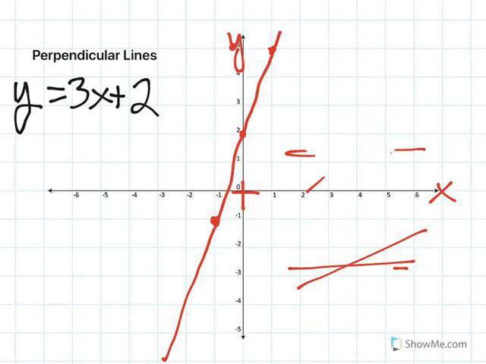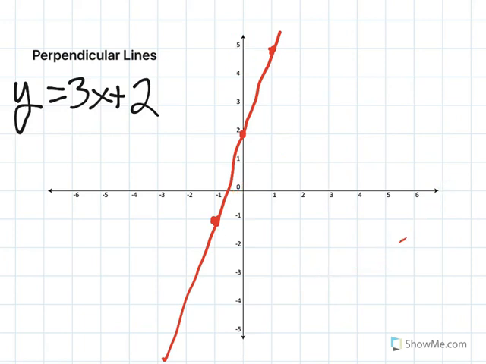Okay, so we're trying to find a line that's perpendicular to the given line. Now I'm using the standard y equals 3x plus 2. So kind of like the parallel lines, if I say, hey, I want a line that's perpendicular to this one, and it goes through the point, say 3, negative 1.